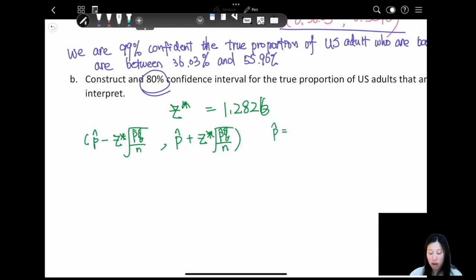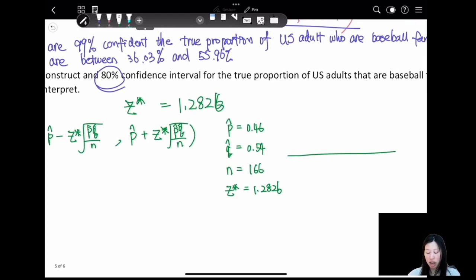Except for the z-score. P hat, in this case, is 46%, and q hat equals 54%. Our n, they surveyed 166 adults, and the z-score is 1.2826. Remember, if you don't remember the z-score, you can find it from GeoGebra.